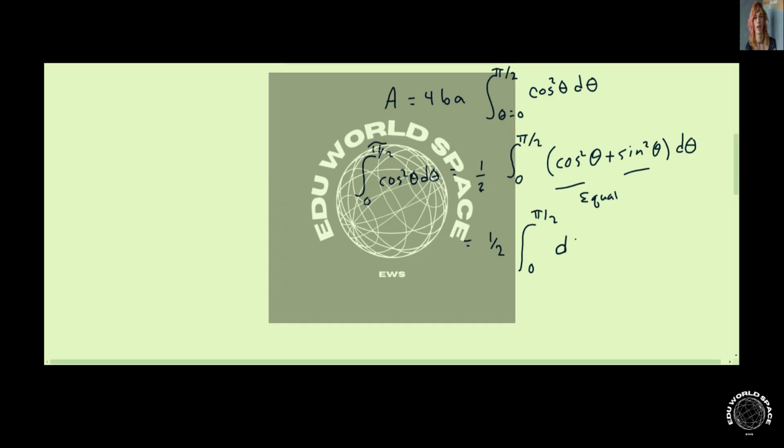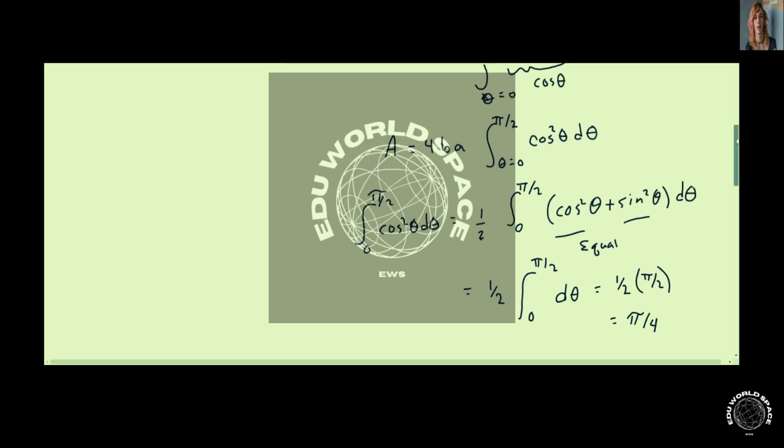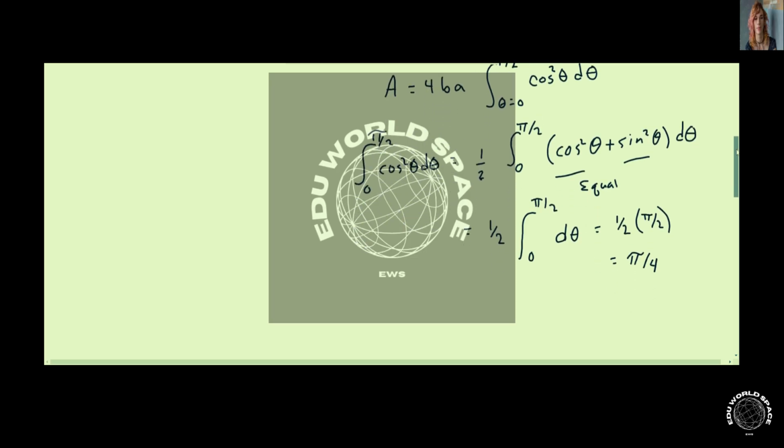And so we can do the full integral on the right-hand side. And that is just 1/2 times pi over 2, or pi over 4. So again, a good reason to integrate over a quadrant.